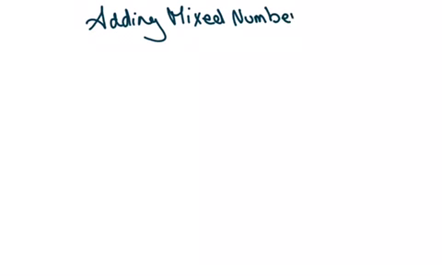Okay, so now we are adding mixed numbers with unlike, so that's different denominators.